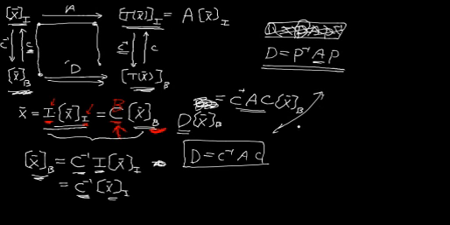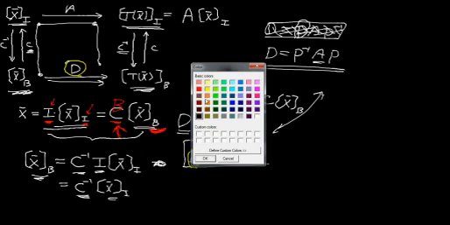So I get D. By the way, this D is the new transformation of this, whereas this D is where the diagonal matrix is, diagonal.